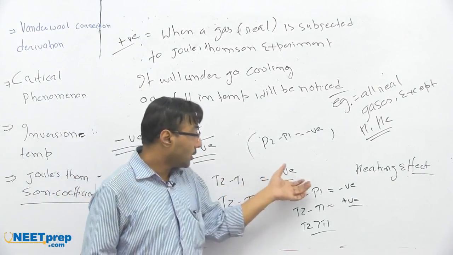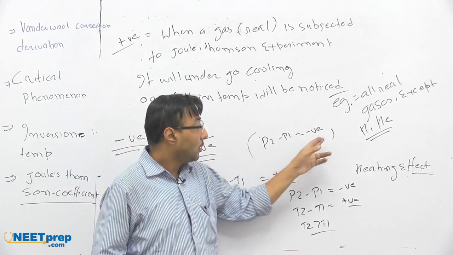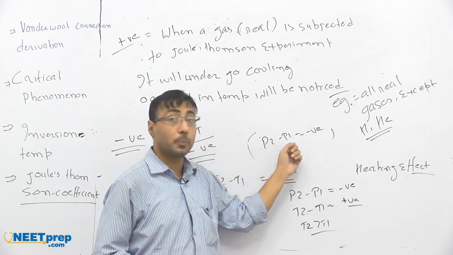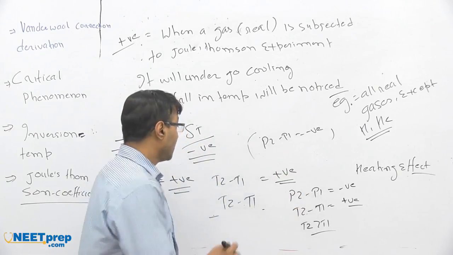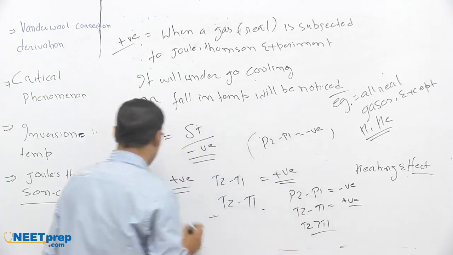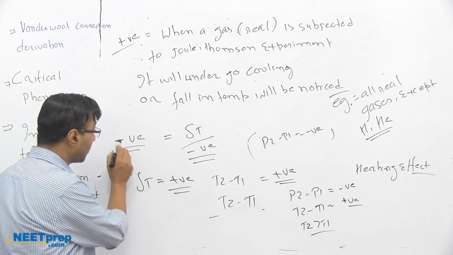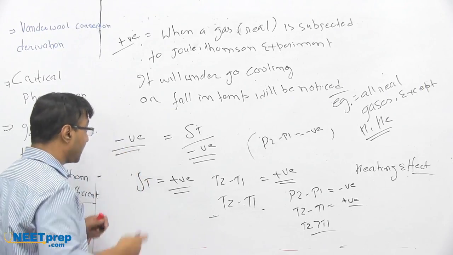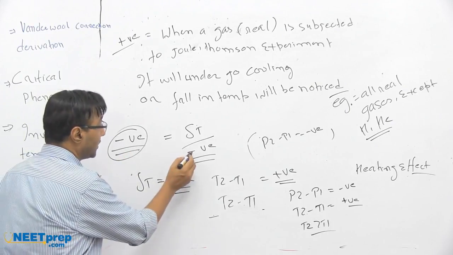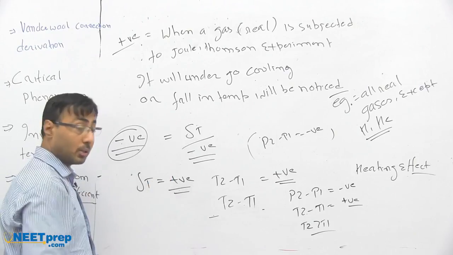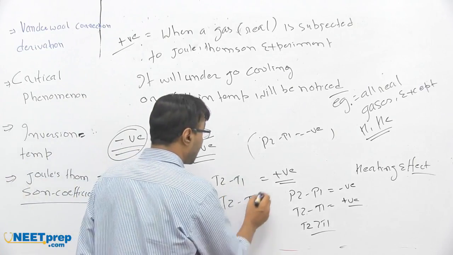So this will go like this, it has to be P2 minus P1. P2 minus P1 is negative. Since the Joule-Thomson coefficient is negative and this one is negative, this should be positive. Positive means T2 minus T1 is positive.